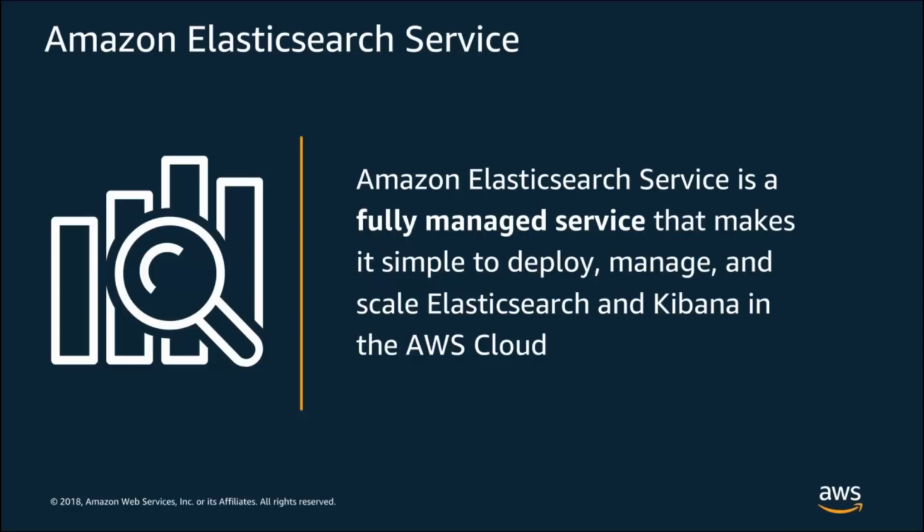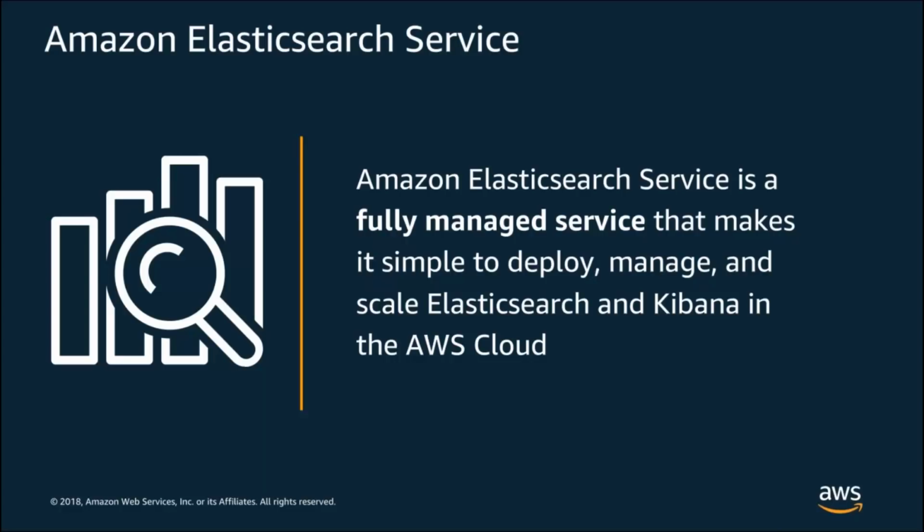So we have API calls that allow you to deploy or scale up or down an Elasticsearch cluster in the AWS cloud. We also provide features that make it simple to accomplish common tasks, things like securing your data. We have a number of different security features that make it simple to harden your Elasticsearch cluster and make sure that your data is encrypted and within your VPC to provide, again, that hardening of the Elasticsearch cluster.